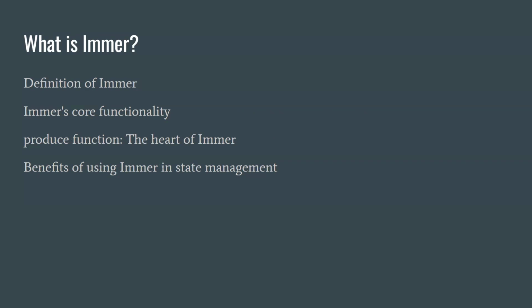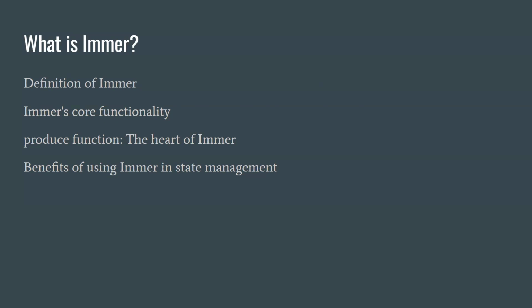Immer allows developers to transform mutable code into immutable updates seamlessly. And this process is often facilitated by a function called produce that is in the Immer library.